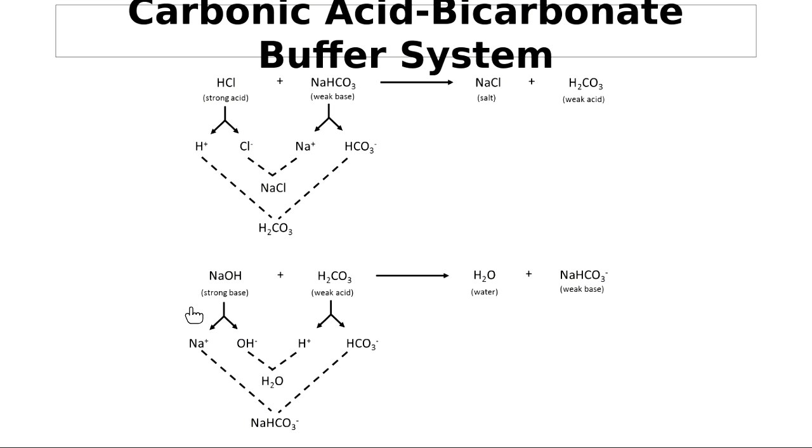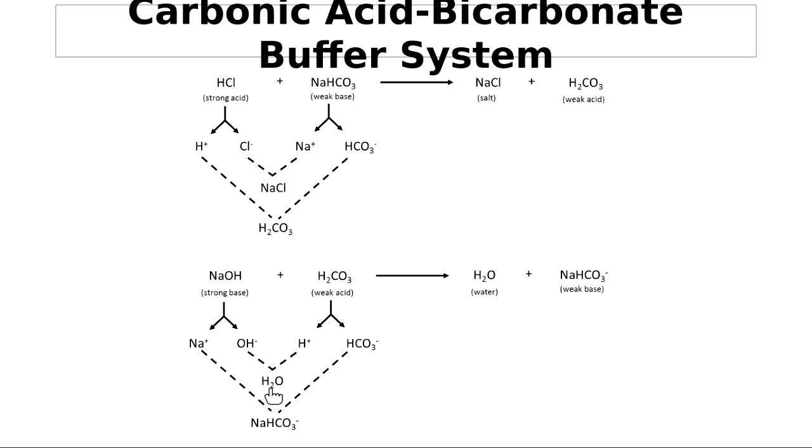Here's a strong base, sodium hydroxide, and a weak acid. Look at that, carbonic acid. That was that one right there. So an end product is used over again. This sodium hydroxide dissociates into sodium ions and hydroxyl ions, and the carbonic acid dissociates into hydrogen ions and bicarbonate ions. Well, the hydrogens pair up with the hydroxyls to make metabolic water.